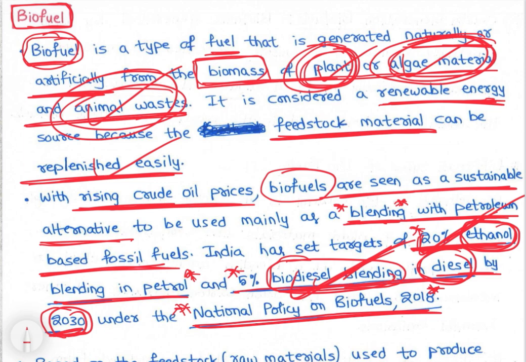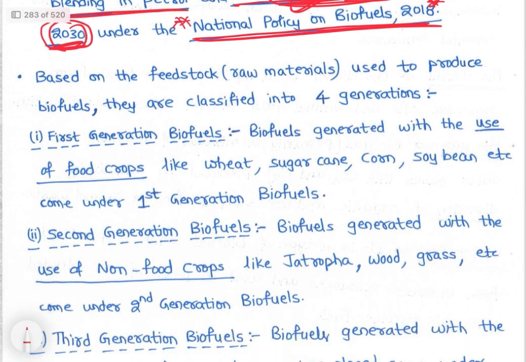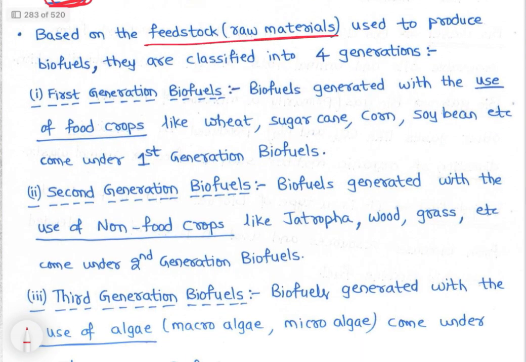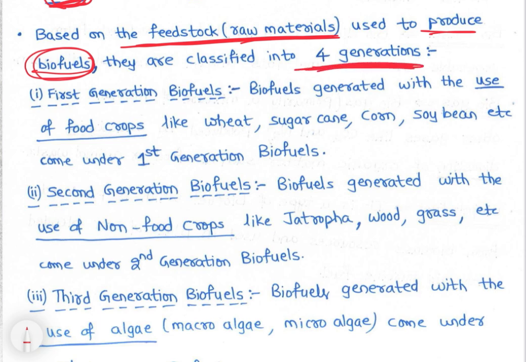That is called biofuel, right? Let's see, based on the feedstock or raw material which we use to produce biofuels, they are classified into four generations of biofuels, right? First generation biofuels are biofuels generated with the use of food crops, like wheat.